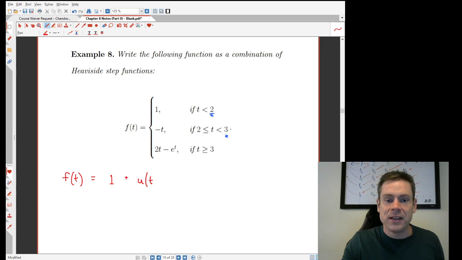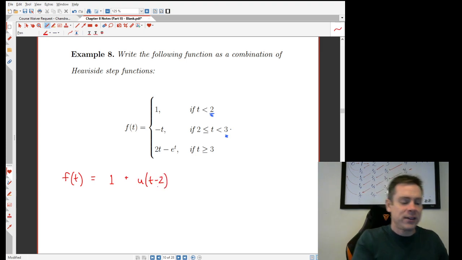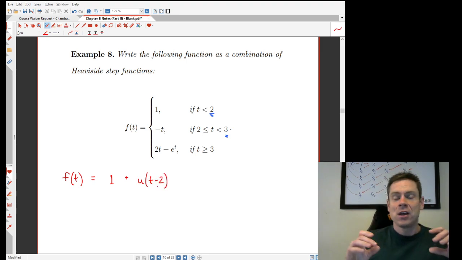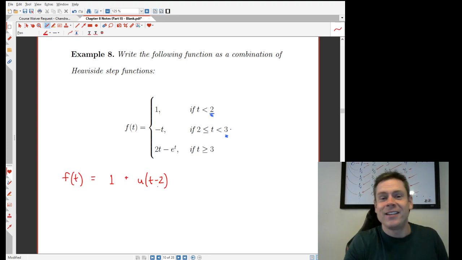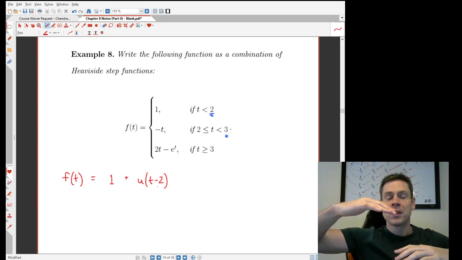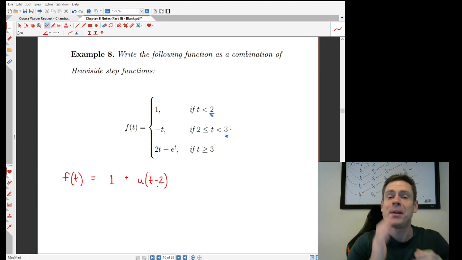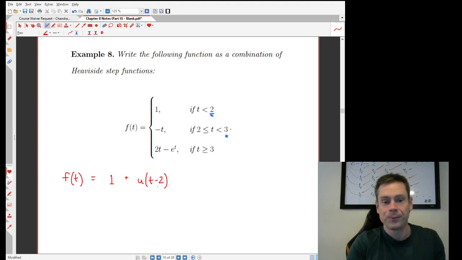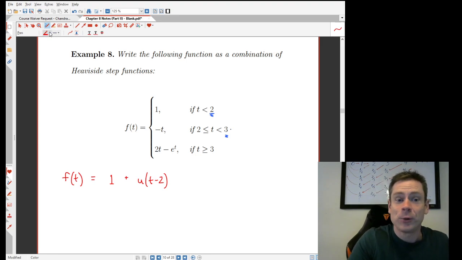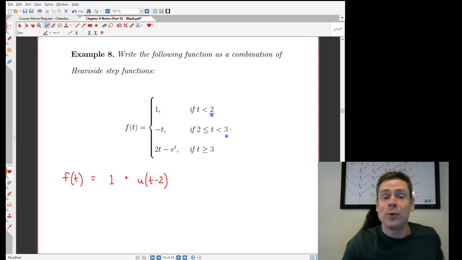U of t minus 2 is the basic step function that turns on at t equals 2. This is a function that is either 0 or 1. Up until t equals 2, that step function is going to be equal to 0, and at 2 it's going to change to 1.